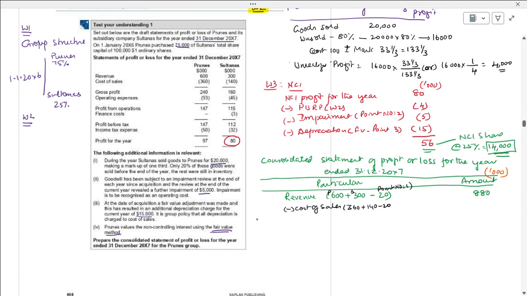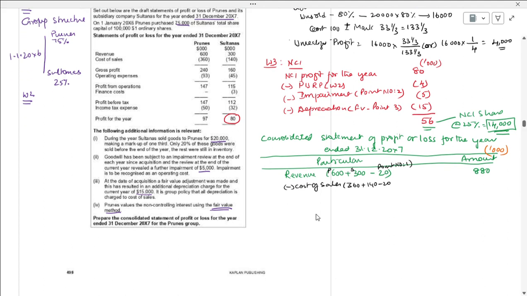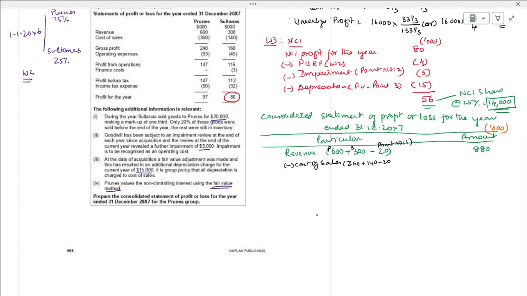Minus 20. Fine. How much you will get? 480. Is it right? 480, 360 plus 140 minus 20. Okay. To this, what we have to add?